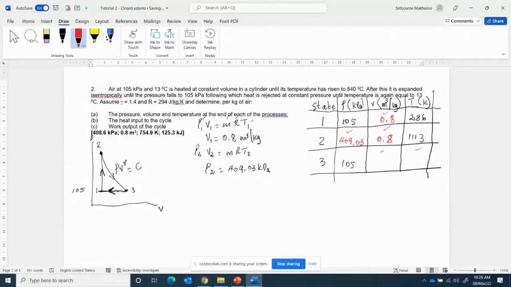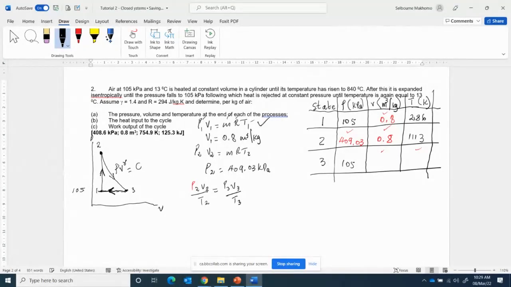Almost there. Almost there. So now we need V3 as well as T3. How do we calculate V3? Let's check if this formula is going to work for us, where we say that P2 V2 over T2 is equal to P3 V3 over T3.